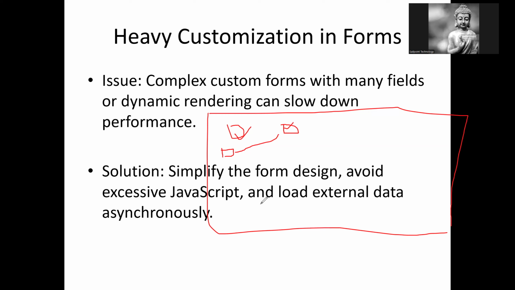Sometimes I noticed system user calculation will be there. How does that work? From the first name, two characters, and from the last name, two characters.